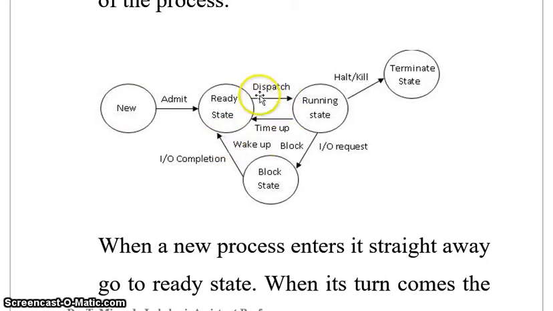Dispatch is a system call, it will be moving from ready state to your running state. Halt or kill, it will be moving from running state to your terminate state. Block, running state to block state. Wake up, from your block state to your ready state. Time up, from your running state to your ready state.